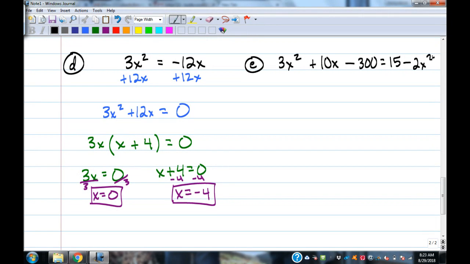A little longer problem, but squared up there. 3x squared plus 10x minus 300 equals 15 minus 2x squared.